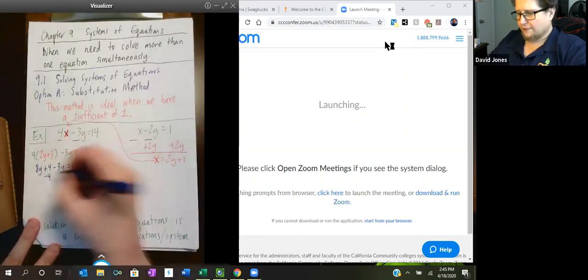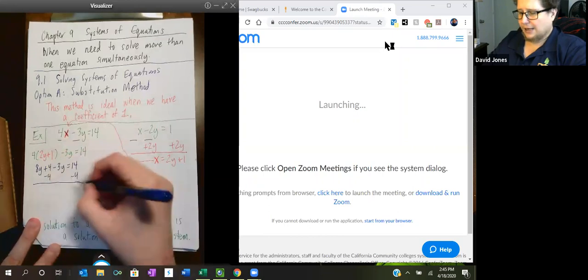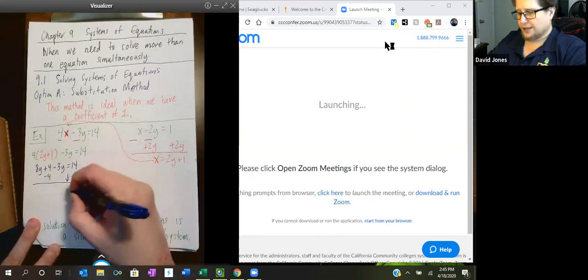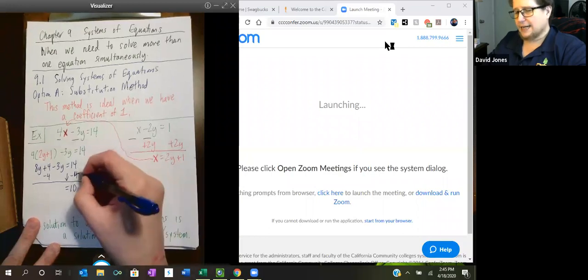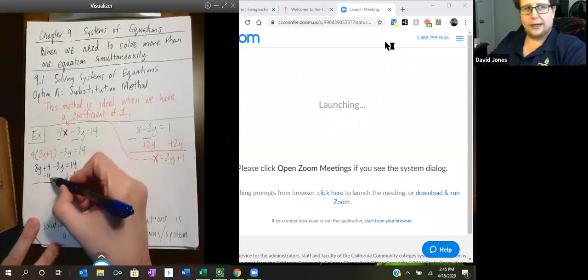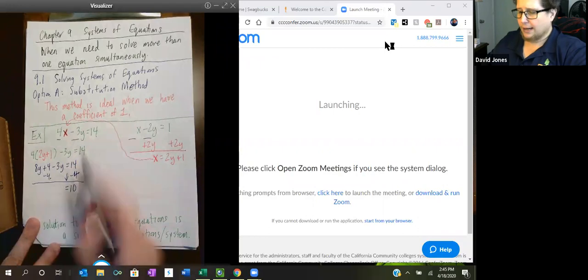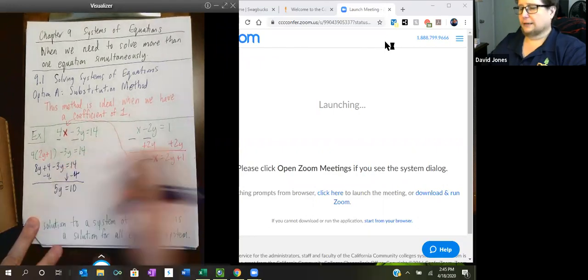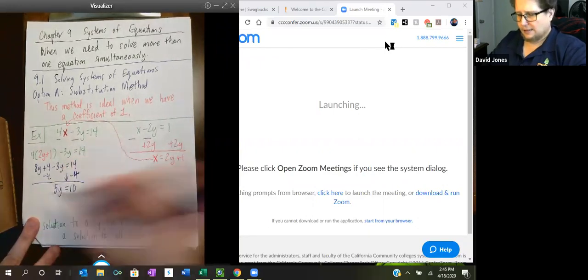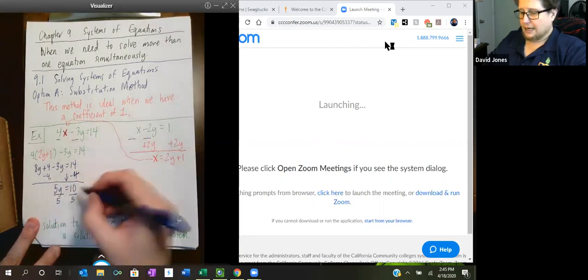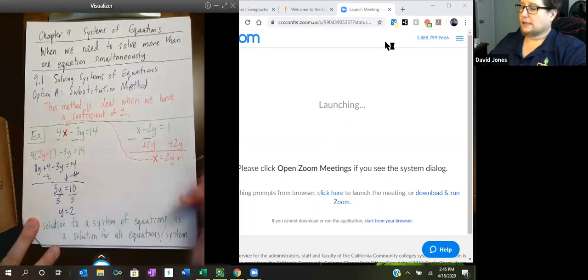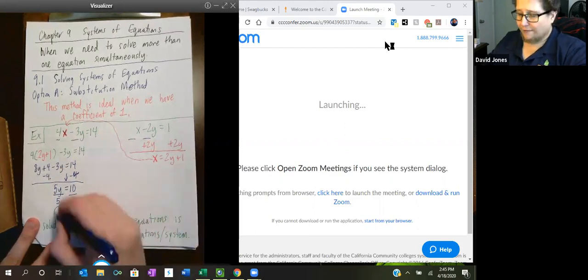I'm going to subtract 4 in the same step. I'm going to combine like terms just to save some room on this page. 14 minus 4 is 10. 4 minus 4 goes away. 8y minus 3y is 5y. Divide by 5, and we get y equals 2. That's part of it.